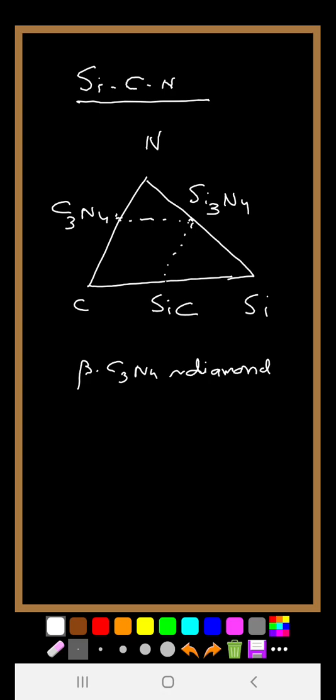Now, before we can deposit silicon carbon nitride, we can have it in the bulk form. So if we look into the bulk synthesis, it is derived by a polymer precursor route.